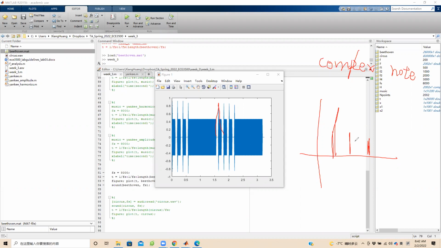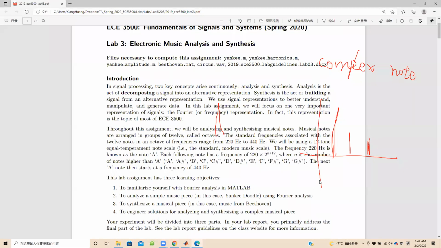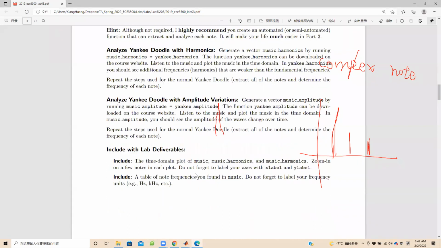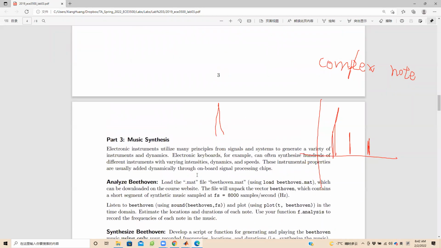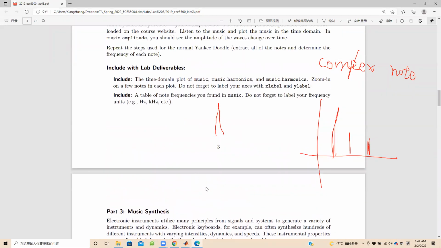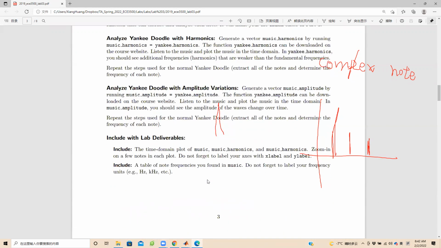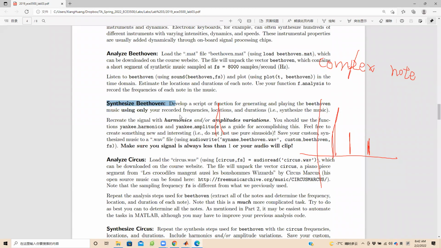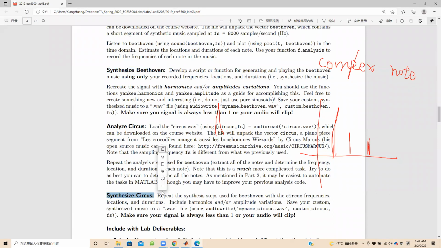That's the lab 3 scope. Of course, for lab 3, there are some other tasks. I think we will talk about this later. For example, for this task and this task, I haven't figured out how to do them.